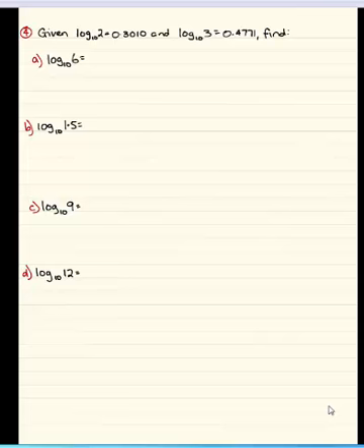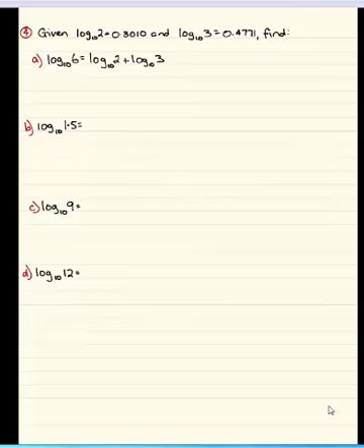6, how do I get 6 from 2 and 3? Hopefully we can all say, hey, that means we're multiplying, yeah? 2 times 3. But our log laws tell us that that is the same as log base 10 of 2 plus log base 10 of 3. Because 6 equals 2 times 3.